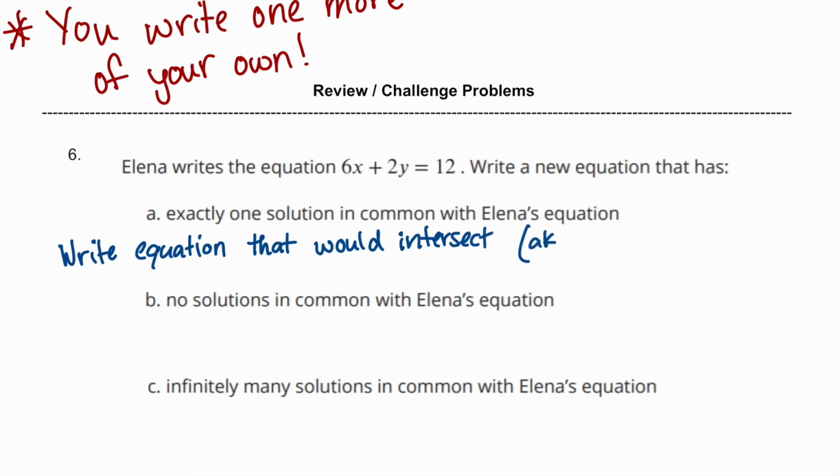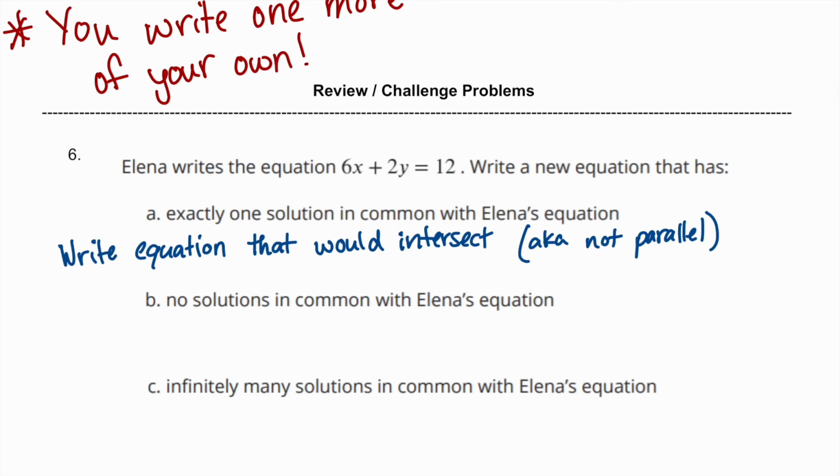I'm going to say AKA not parallel. And a good way to do that is to swap the x and y coefficients, especially if they're different ones. If they're the same, it's not going to have any effect, but to swap the x and y coefficients would work for you to write one here.